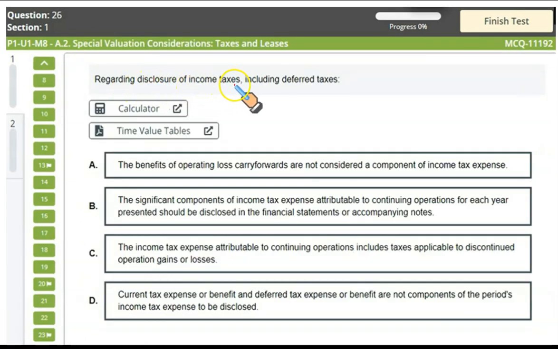Next, regarding disclosure of income taxes, including deferred taxes, what should we report? The benefits of operating losses carried forward are not considered a component of income tax expense. The loss carried forward and carried backward was included in your CMA textbook 2 or 3 years ago.